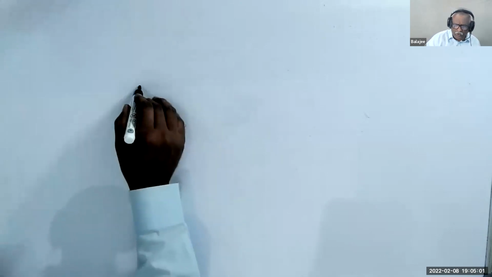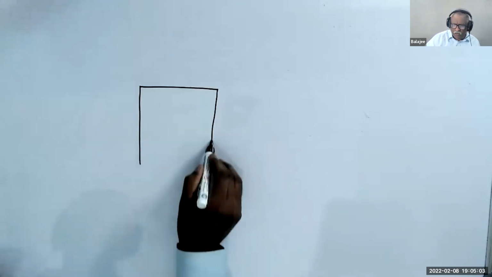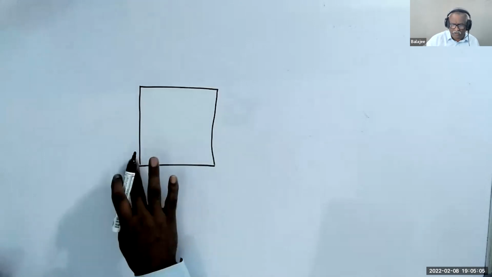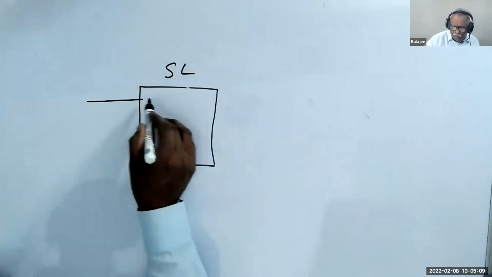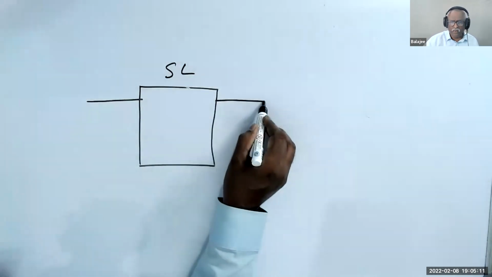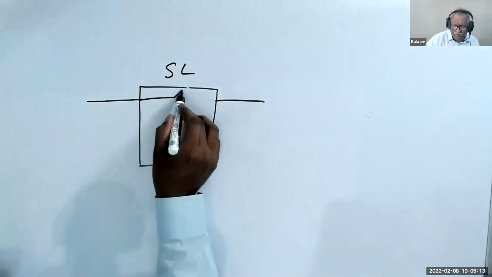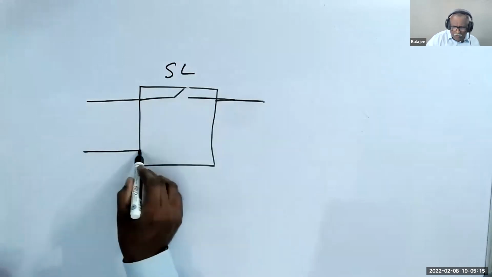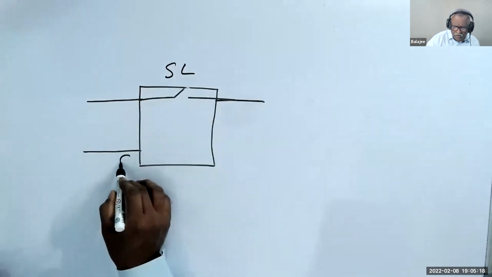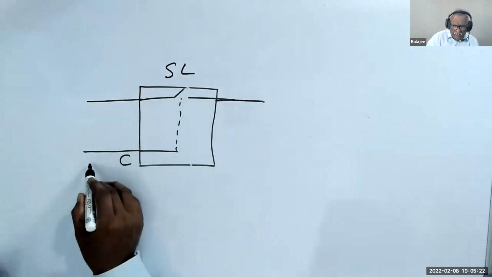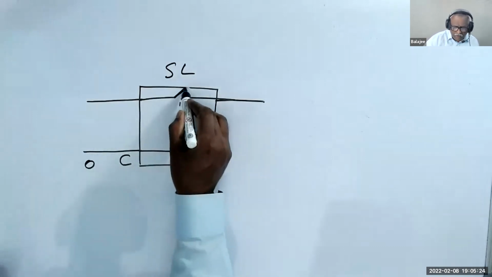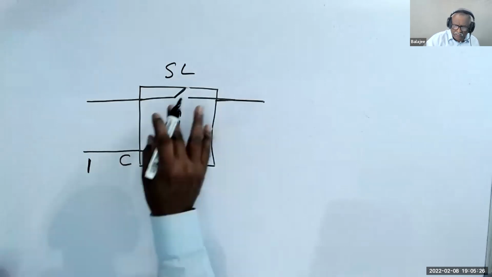Now, yesterday we saw another important thing, sequential logic. It is quite simple, not as complicated as combinational logic. You have an input, you have an output. There's a switch that is controlled by your control input. When control input is 0, the switch is off. When control input is 1, the switch is on.